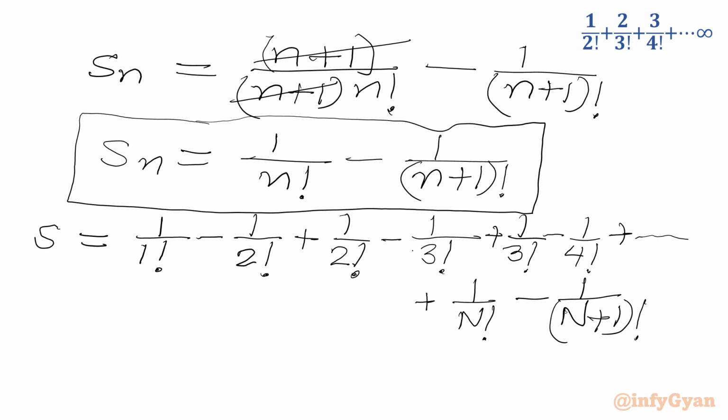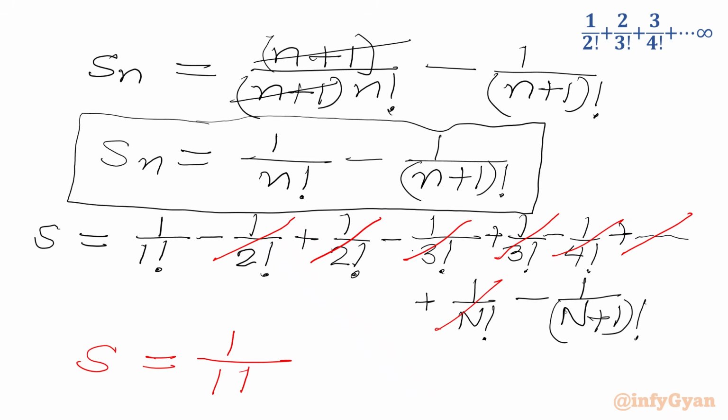Now we will simplify. We have to cancel almost all the terms over here except the first and last. We can write S will be 1 over 1 factorial minus 1 over (n plus 1) factorial. Now we know that 1 factorial is 1.